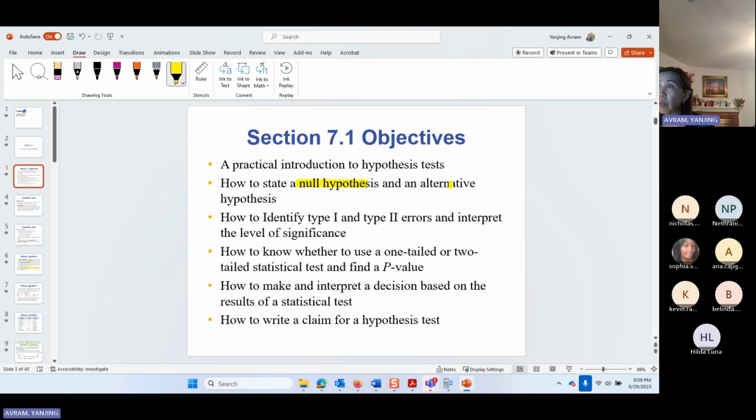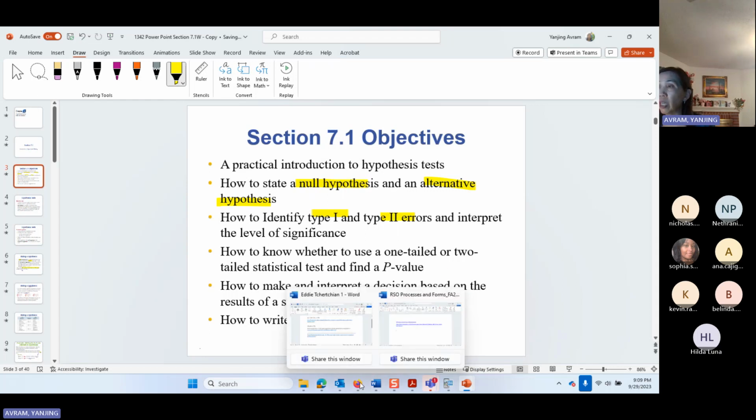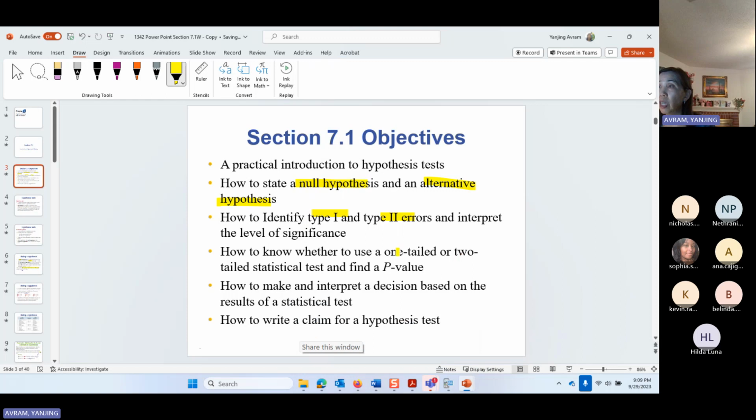One is called null hypothesis, one is called alternative hypothesis, and then you're going to encounter 2 types of error. One is type 1, one is type 2 error. Then you're going to have a 1-tail, 2-tail test. And how do you write a claim of the hypothesis test? So there's a lot of concept in 7.1 basically.